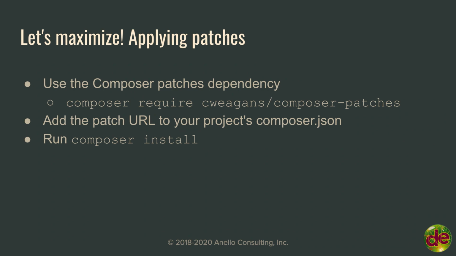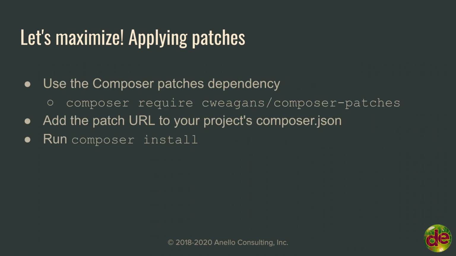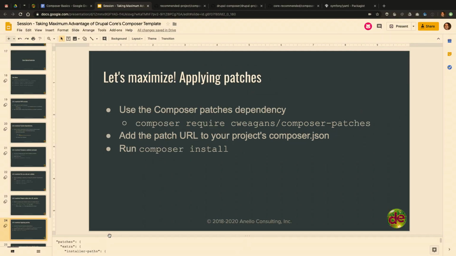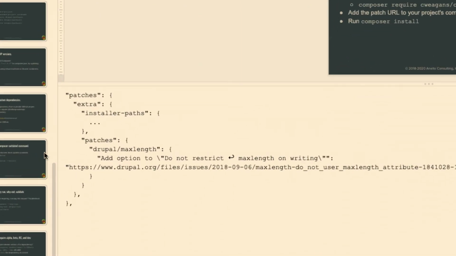Just to verify, you said run composer install. Yeah, so you basically require it, and then there's a little bit of syntax. I have it here in my notes. If I had time to do the demo, I would have. I'll zoom in, don't worry.